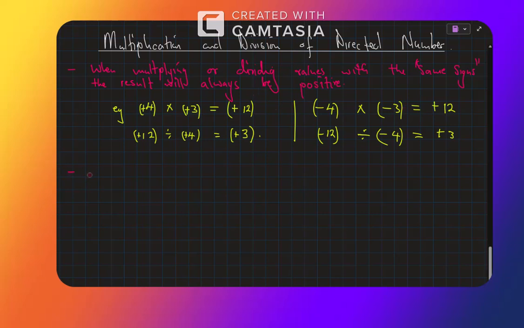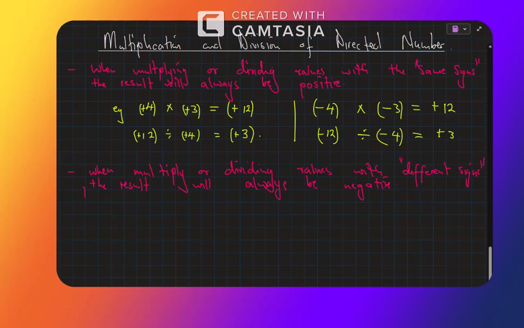But when multiplying or dividing values with different signs, pardon my spelling there, the result will always be negative.